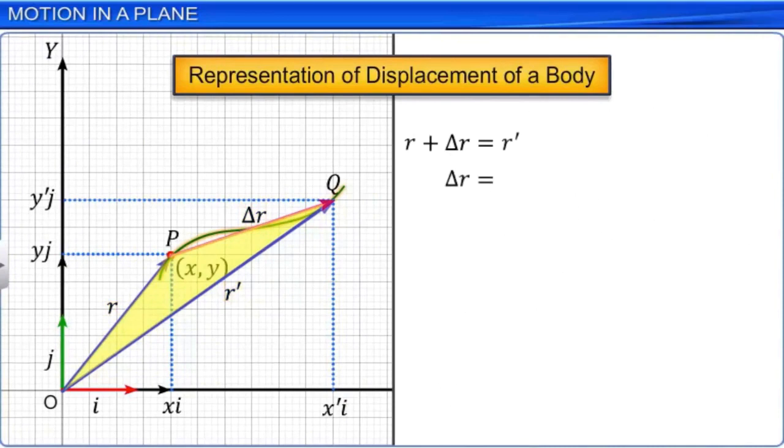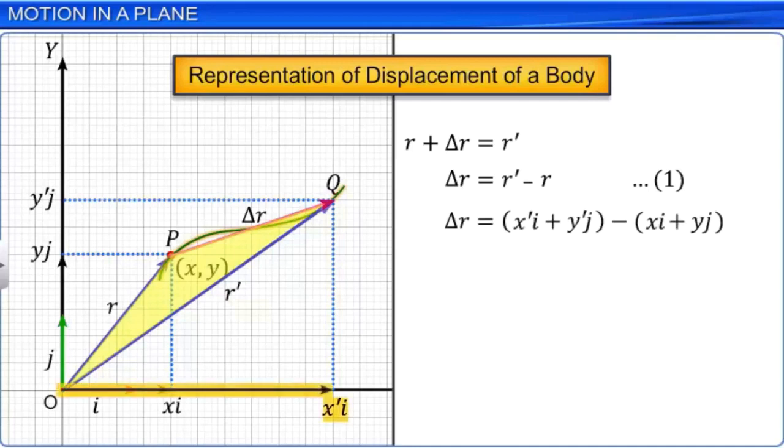Now the resultant vector del r, that will be given by r dash minus r, which has been taken as the first equation over here, and that represents the displacement vector of the given change in position of the object from P to Q, right?